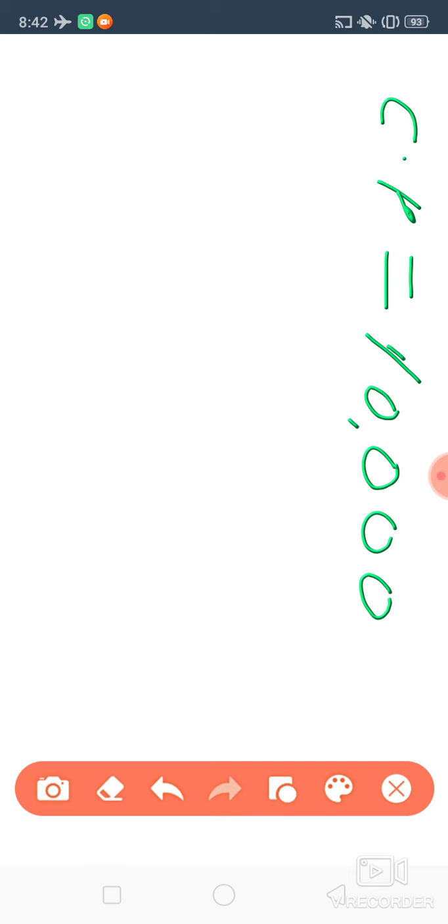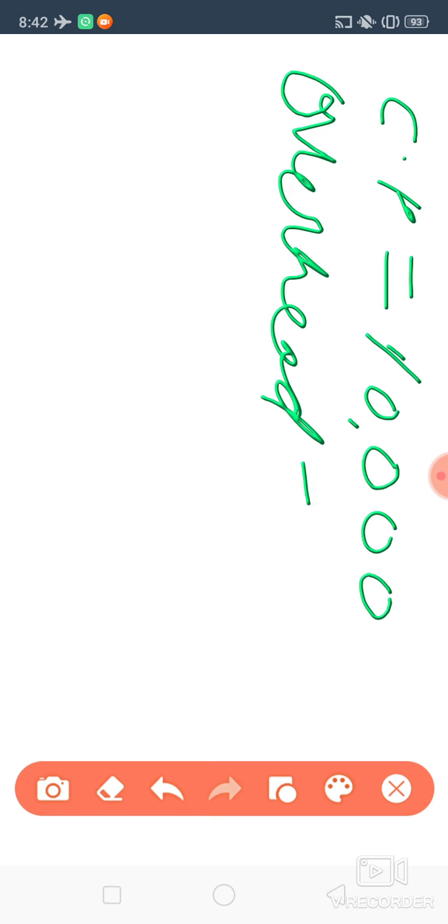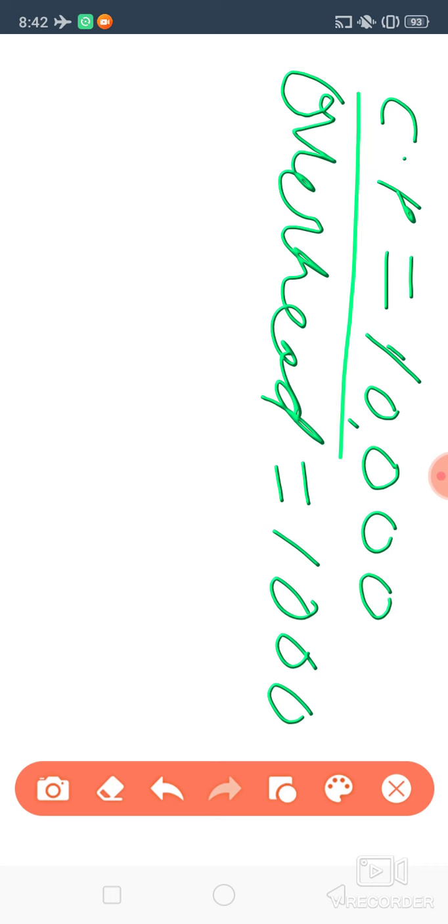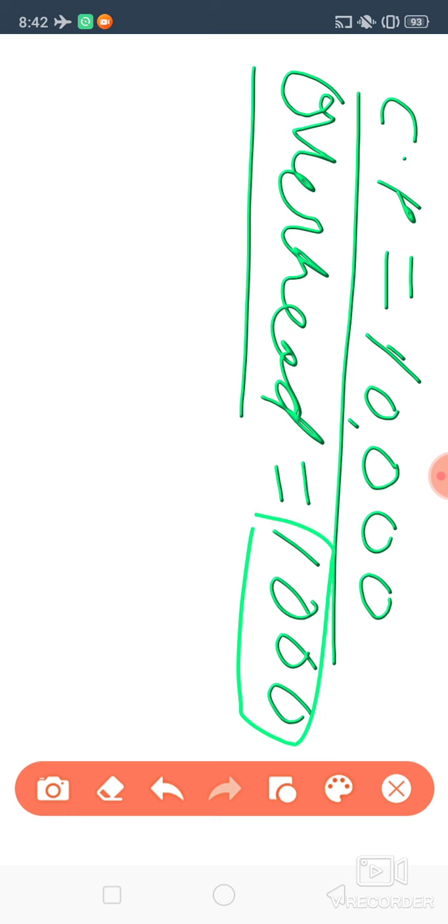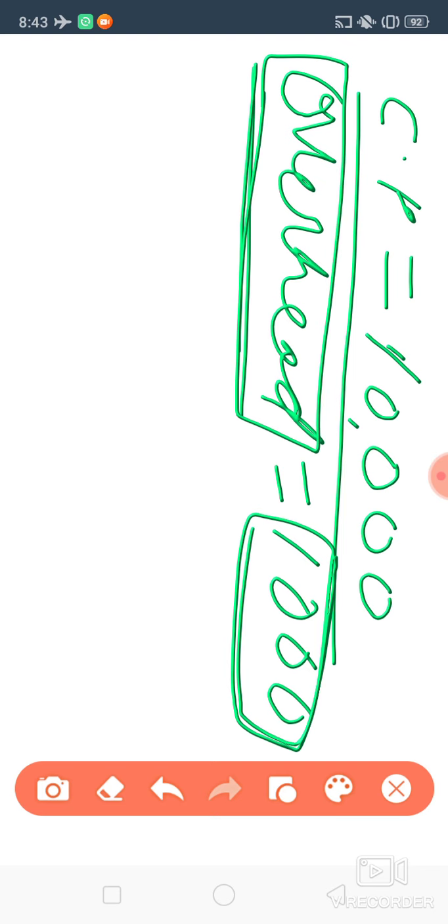So transportation charge, the vehicle owner is taking 1000 rupees. So you have bought for 10,000, and this is your extra money, 1000 the vehicle person is taking. So this extra money is called what? Overhead.